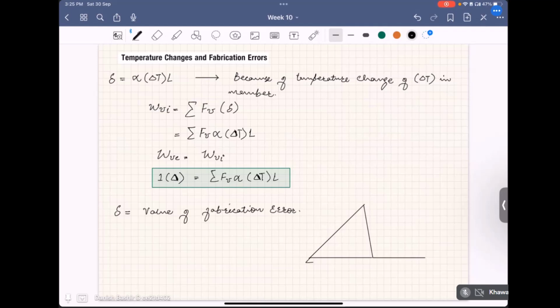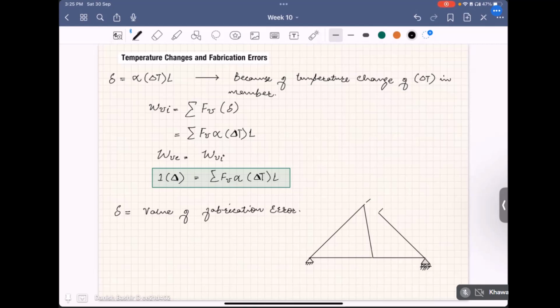So it has one here and one more here. So now actually this member that we have to join with it like this. We have to join this with this thing now, but it's not actually up to that joint. There is a fabrication error in it.